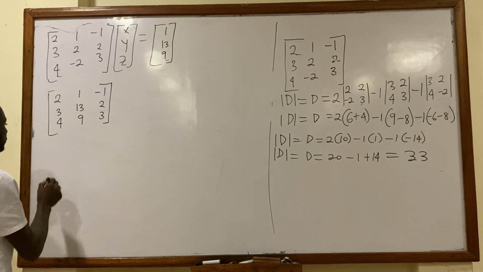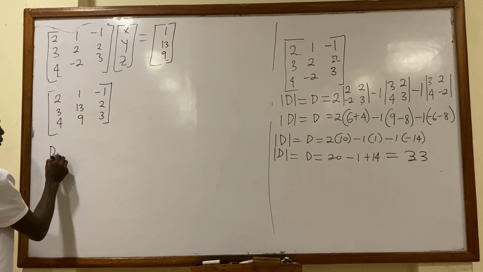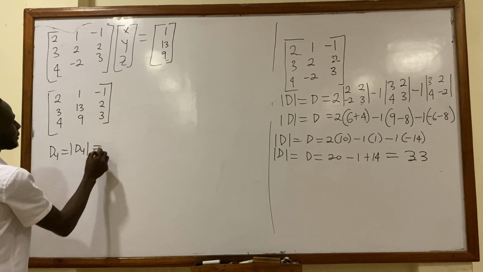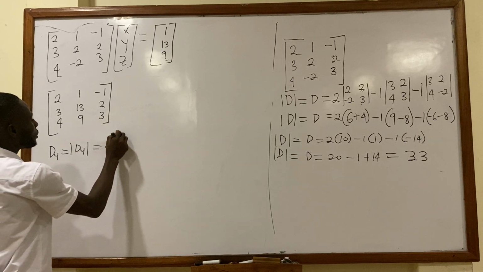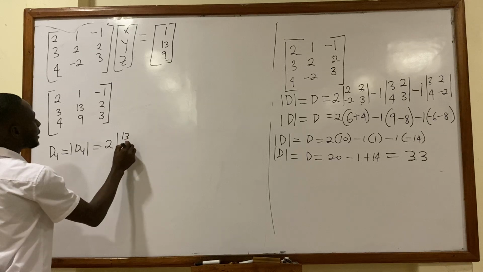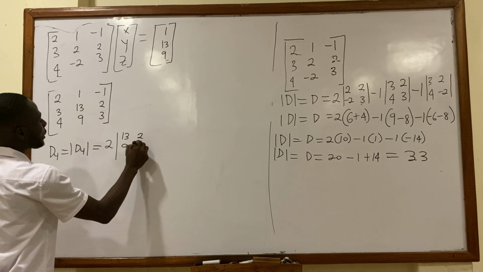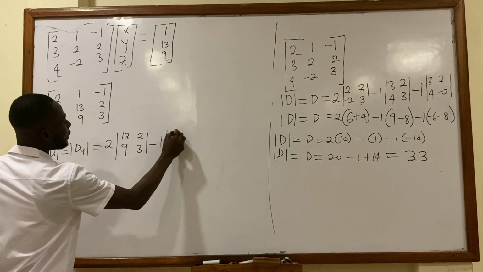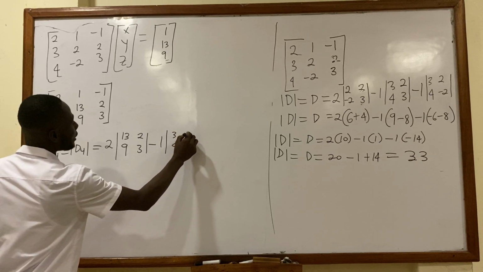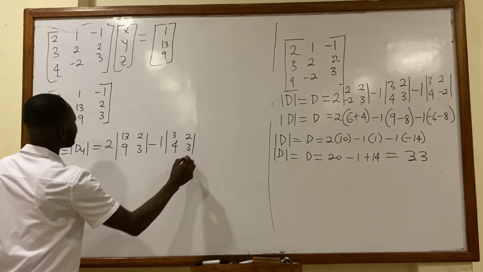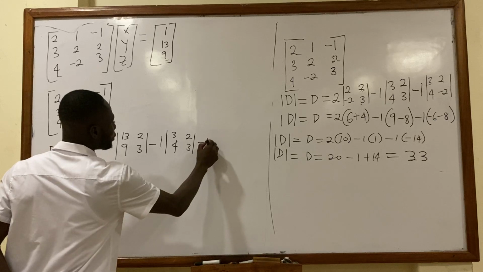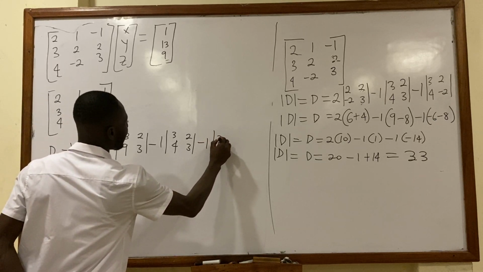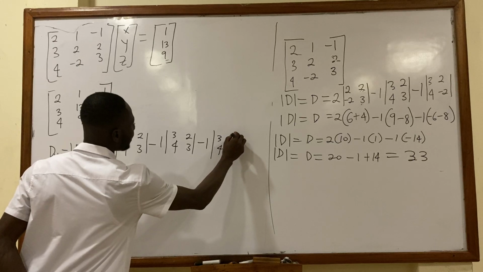So now we have the determinant of dy as 2 into 13 and 9, 2 and 3, minus 1 into 3 and 4, 2 and 3, minus 1 into 3 and 4, 13 and 9.